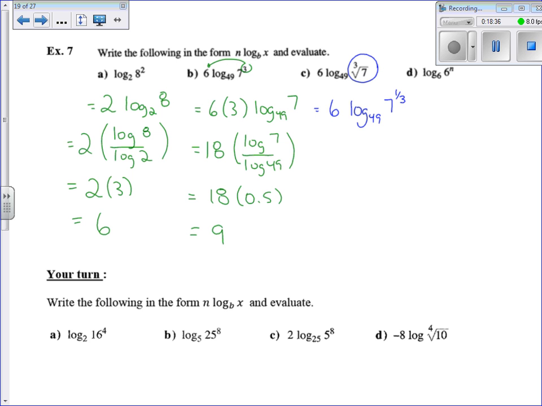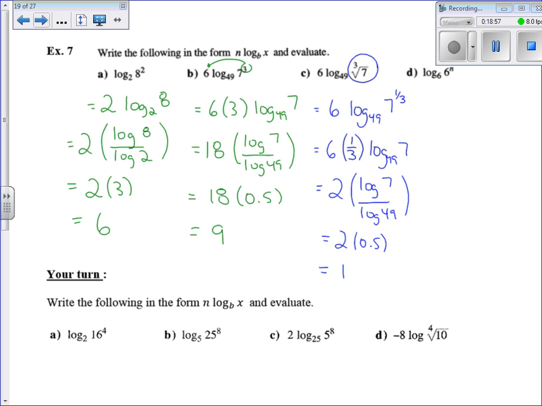So then I'm going to bring that 1/3 off of the 7 and multiply it to the 6. Then I've got times log base 49 of 7. So 6 times 1/3 is 2. And that's times log 7 divided by log 49. So that's 2 times 0.5, or 1.